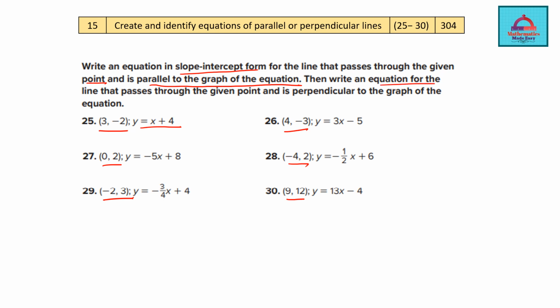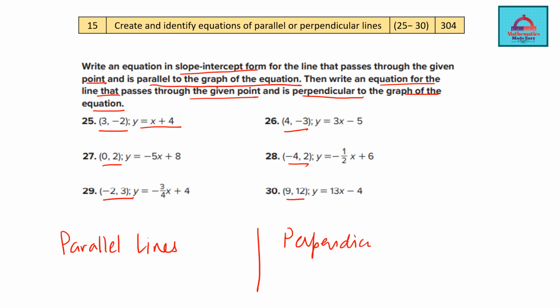And then you also have to write the equation of a line that passes through the same given point and is perpendicular to the graph of the equation. So here we are going to use the concept of parallel lines and perpendicular lines to solve the question. So remember, parallel lines have the same slope.